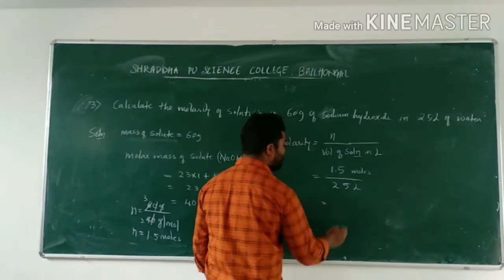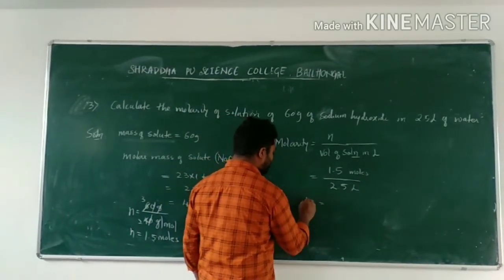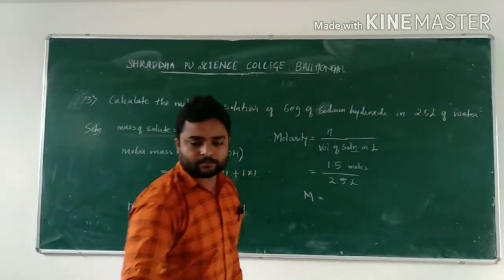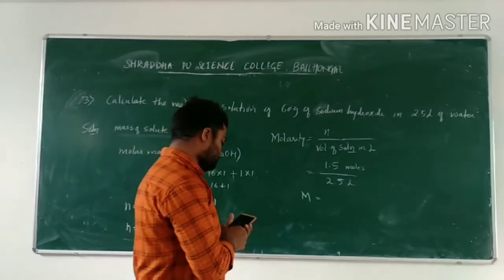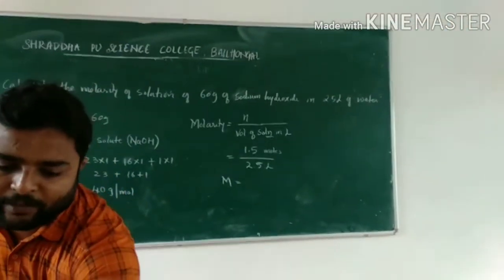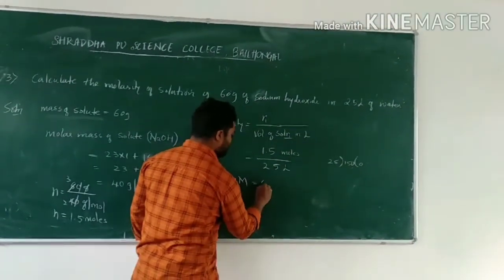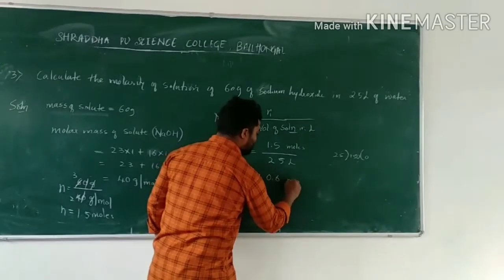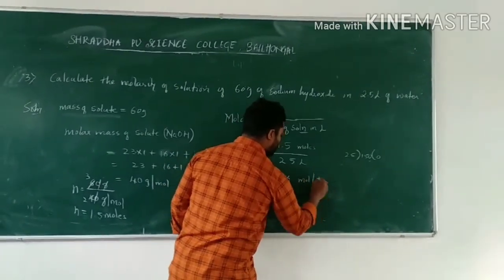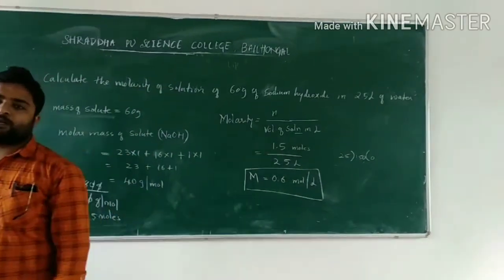So therefore 1.5 divided by 2.5 is equal to 0.6. So it is 0.6 mole per liter. So molarity is 0.6 mole per liter.